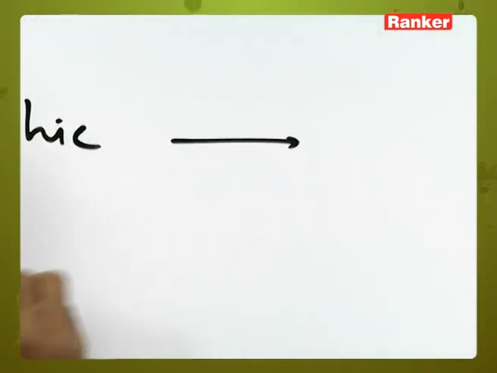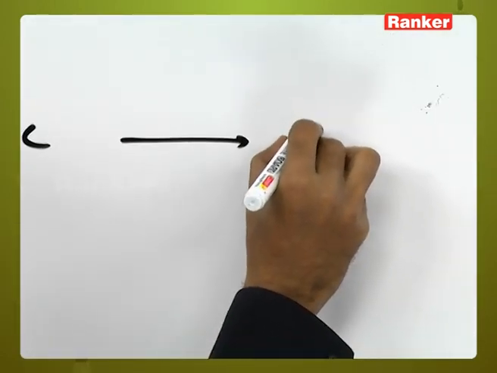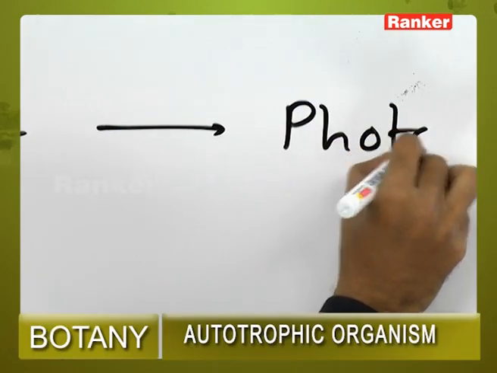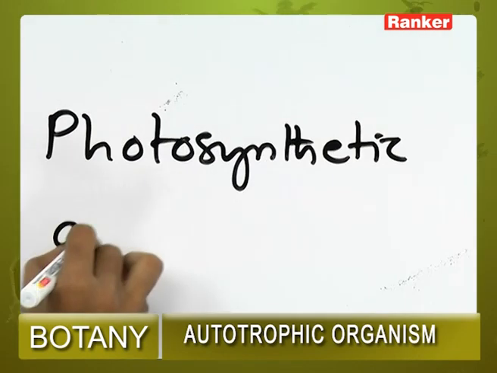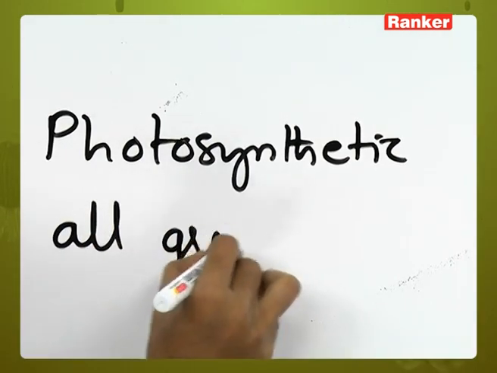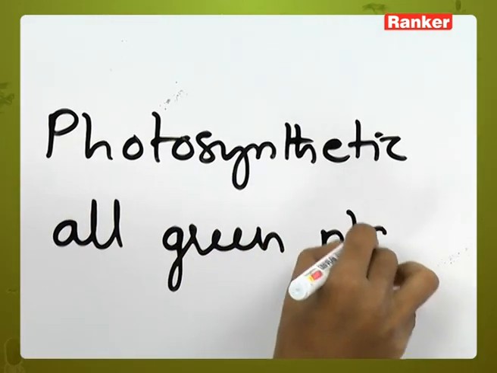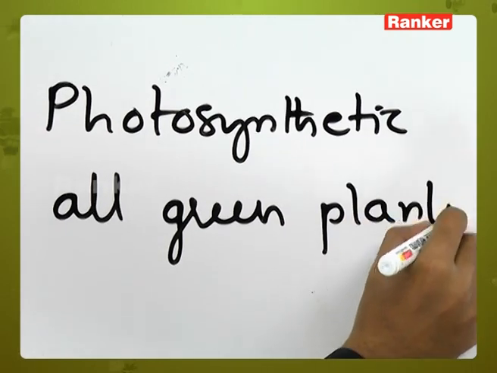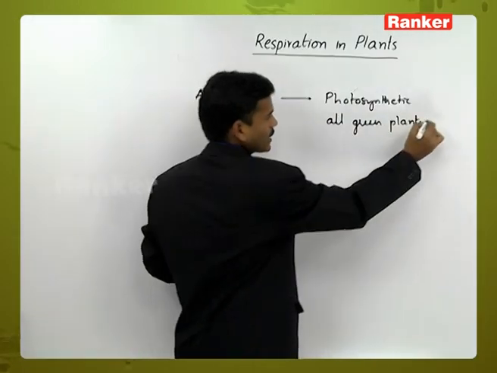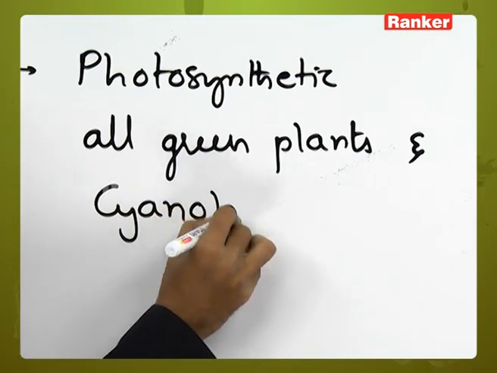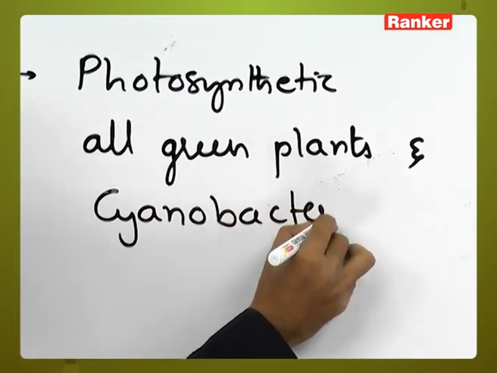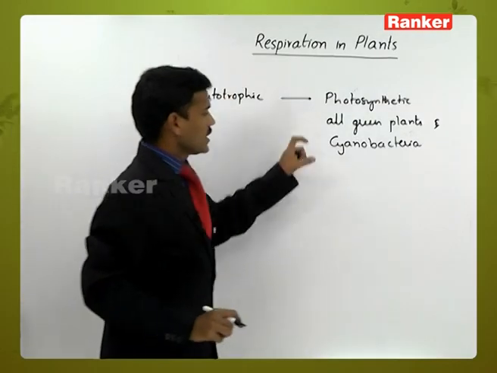So these autotrophic organisms are photosynthetic, like all green plants, and cyanobacteria also. Cyanobacteria are unicellular, sometimes multicellular also.